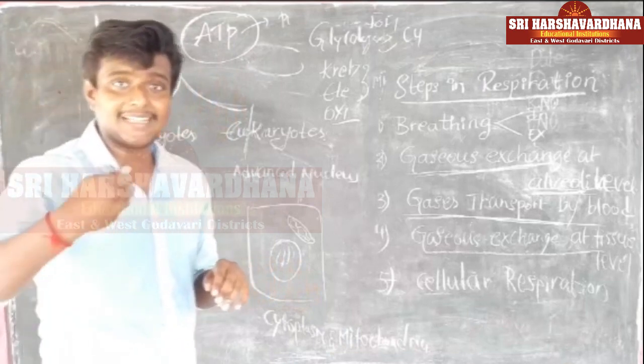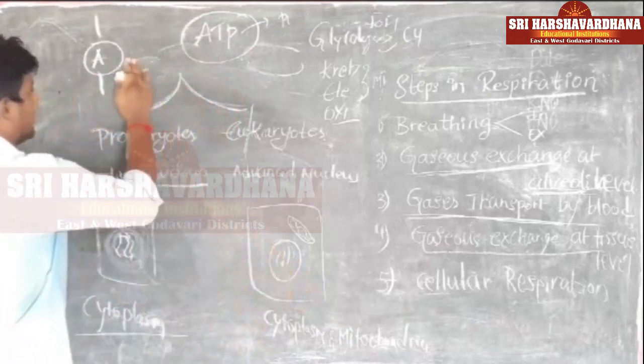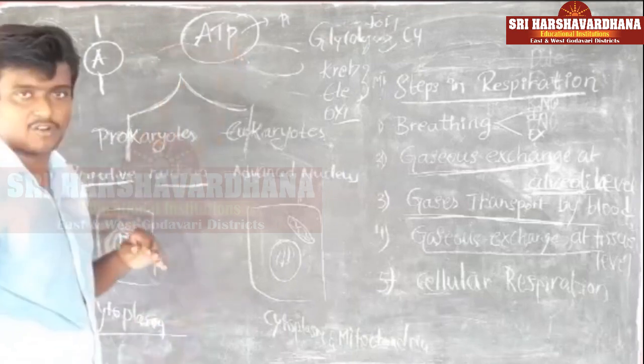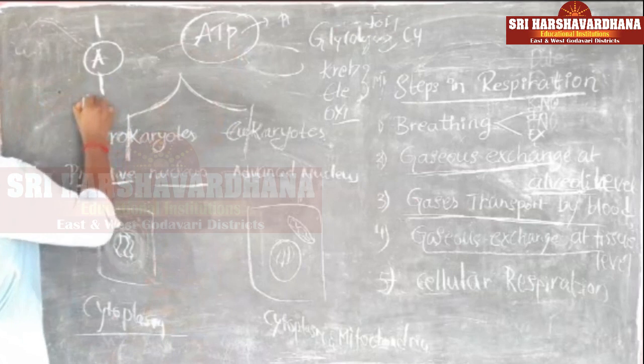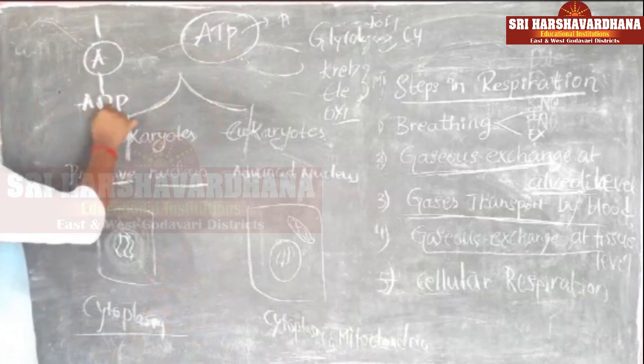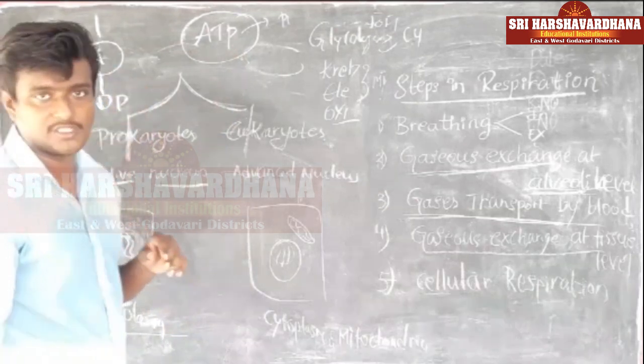But when we require energy, what happens? This adenosine triphosphate loses one phosphate molecule and is converted into ADP, adenosine diphosphate, with 2 phosphate molecules.